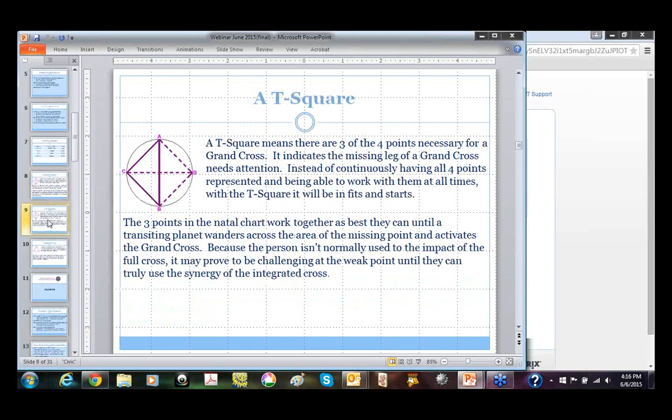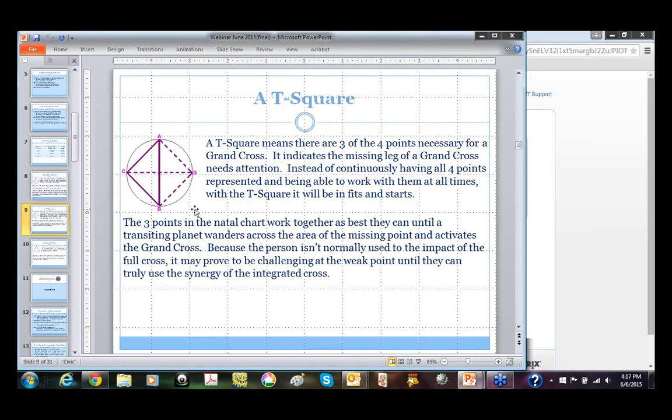You guys have heard a lot about the T-square over this series. That basically means that 3 of the 4 points are there for the Grand Cross and 1 is missing. So instead of continuously having all 4 points represented and learning from a baby to work with that particular energy, 1 point is missing.